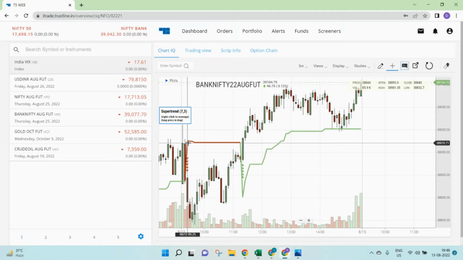But since you have also sold the PE, whenever the market reverses and goes up from here, the PE will gain something, though that gain will be less than the CE loss. Still, because your direction has gone wrong, the PE is providing you some protection against the losses of the CE, so our losses will be less than if it had been directional.